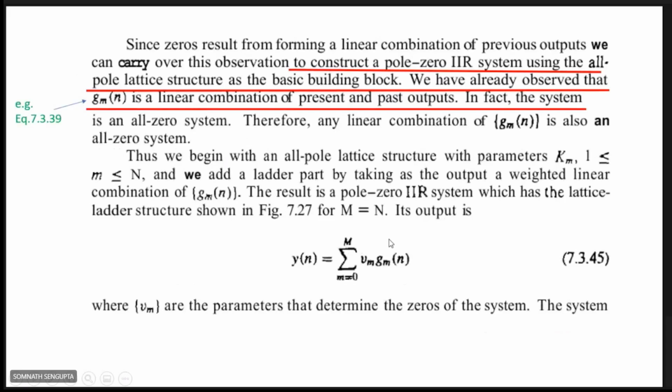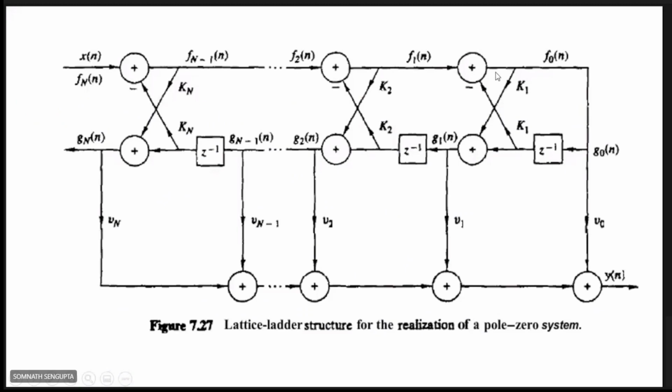You can see that we add a ladder part by taking as the output a weighted linear combination of Gm(n), and this represents the zeros of the system. So anyway, this is basically the lattice ladder structure that I wanted to show.